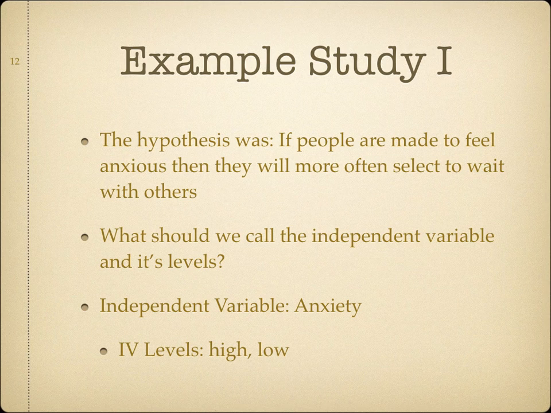The variable name is anxiety, which has levels of high or low. Another thing to note here is we don't ever label this independent variable no anxiety, because we can't ever really know that a person has zero anxiety. The mere fact that they're in some kind of study at all probably gives them some sense of anxiety.